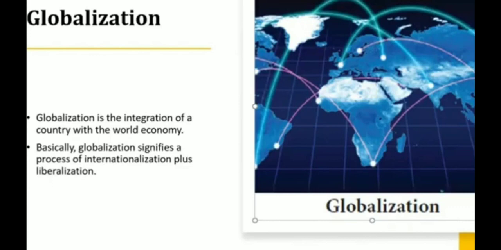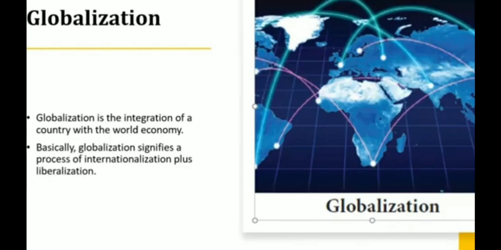It was connected from one country to another country, and also for the movement and integration of goods and services among different countries. Okay, globalization is the integration of a country with the world economy. So basically globalization signifies a process of internationalization plus liberalization also.